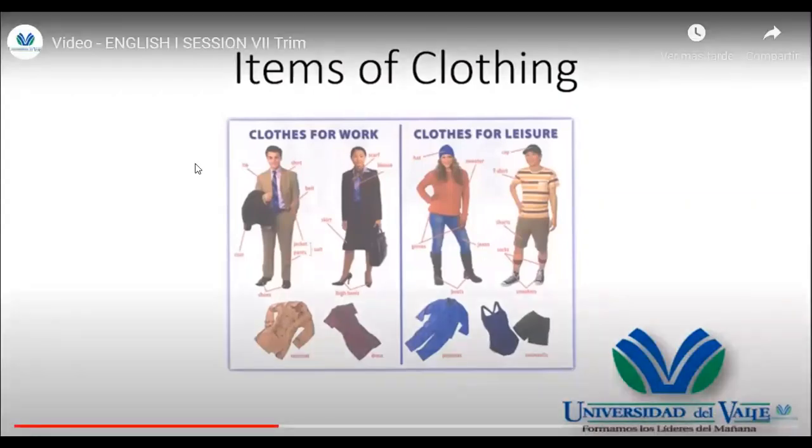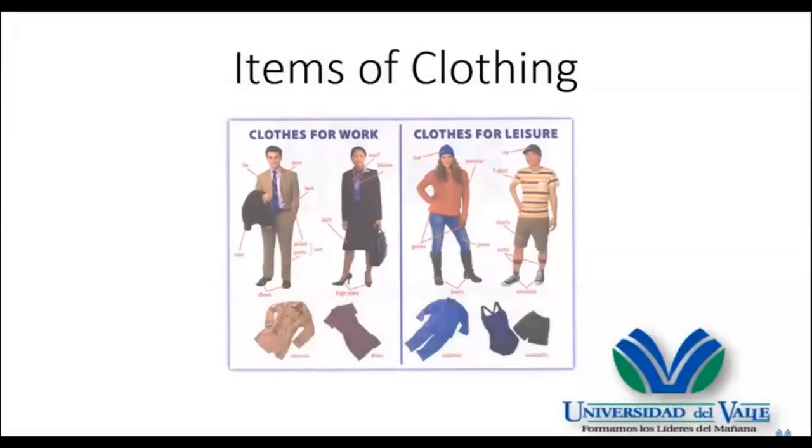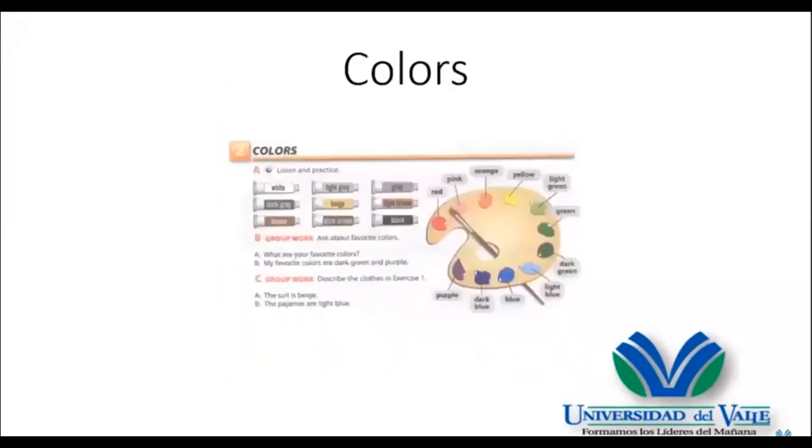So it means that for these sessions, we are going to be working on items of clothing. And here we have two different types of items of clothing. We have clothes for work and clothes for leisure. Also, we're going to be talking about the different vocabulary related to colors in English, okay?